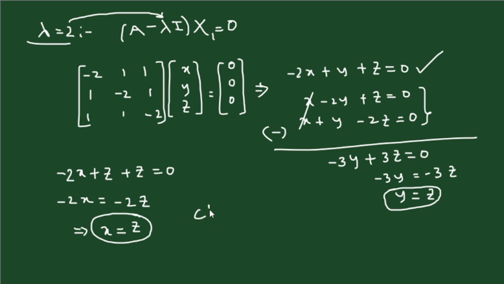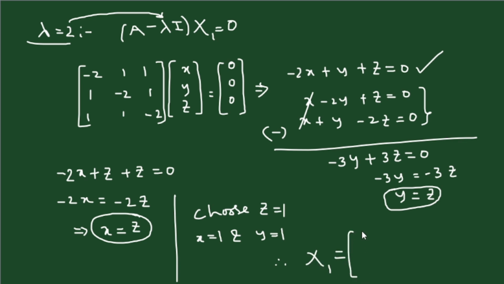Therefore, if you choose z equal to 1, you will get x equal to 1 and y equal to 1. So the eigenvector x1 is 1, 1, 1. So 1, 1, 1 is the eigenvector corresponding to lambda equal to 2.